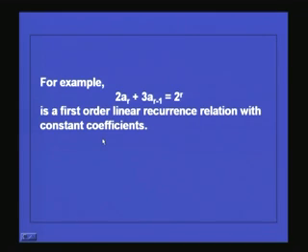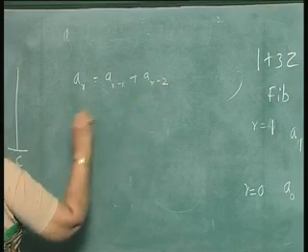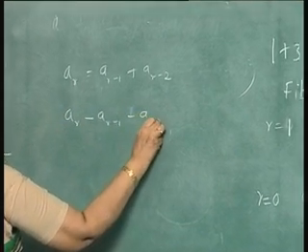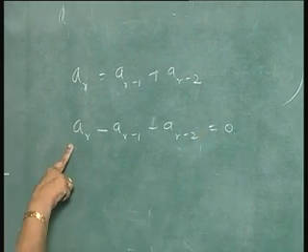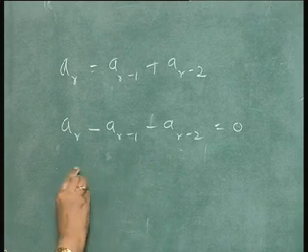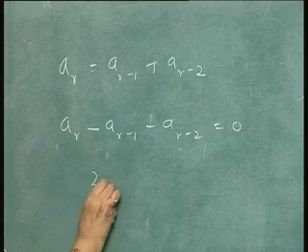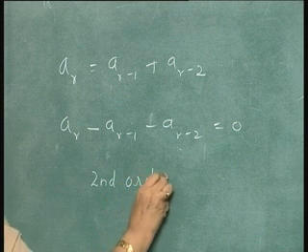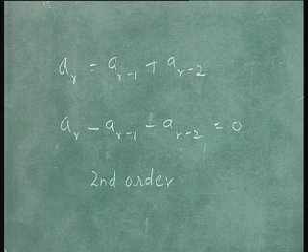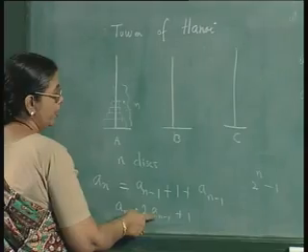If you have something like the Fibonacci sequence, AR is equal to AR minus 1 plus AR minus 2, or you can write AR minus AR minus 1 minus AR minus 2 is equal to 0, C naught is 1, C1 is minus 1, C2 is minus 1. This is a linear recurrence relation of the second order with constant coefficients. If you look at the expression for Tower of Hanoi problem, it is AN is equal to 2AN minus 1 plus 1.